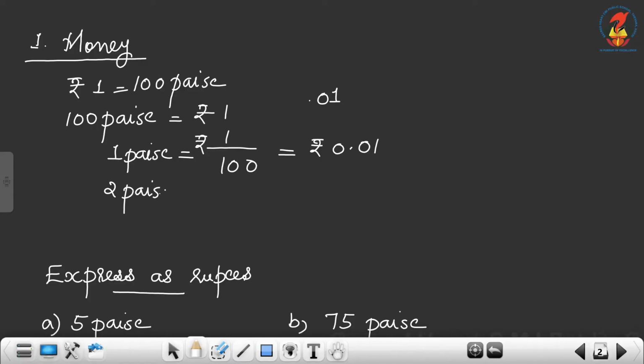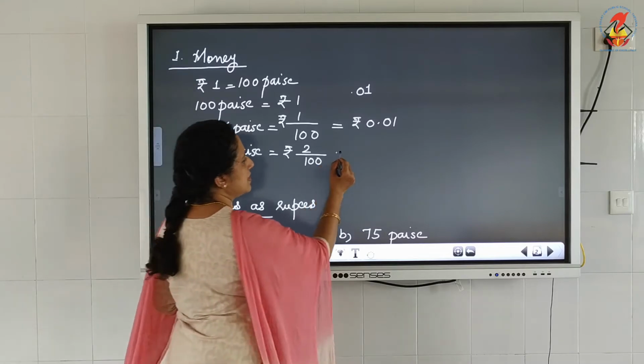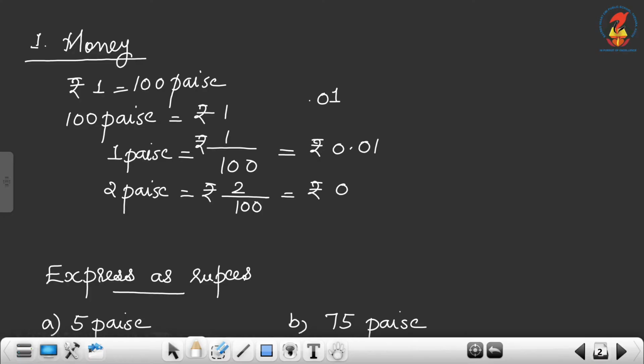Then 2 paise, how can we write it? 2 paise means 2 by 100. In order to convert paise into rupees, you have to divide by 100, which is equal to rupees 0.02. So 2 paise means rupees 0.02. Then 75 paise equals 75 by 100 rupees.